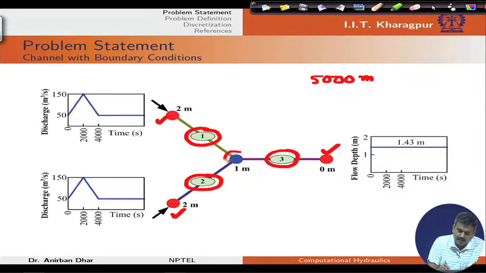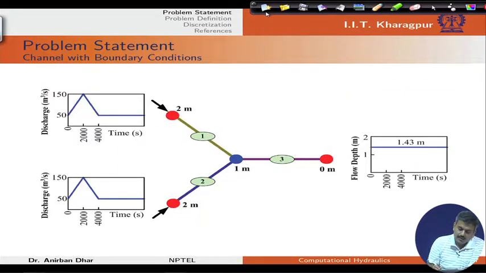An internal blue node, this is our internal junction condition. We have elevation of 0, this is +1. For this node we have +2, for this node we have +2 for elevation.